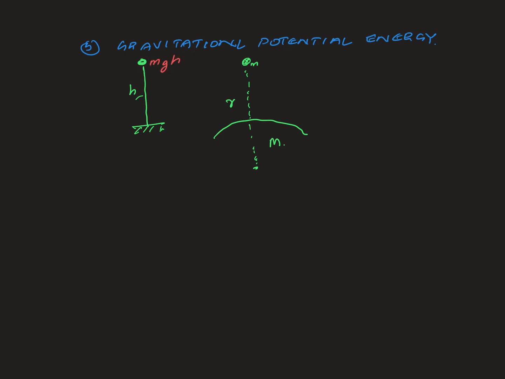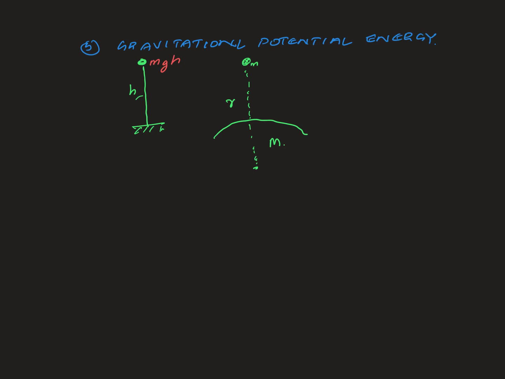But when we look at planets or stars, and they have a big mass, and when we look at distances that are not that small, like the one we use for mgh, we can't use a constant g because the g is changing at every level.